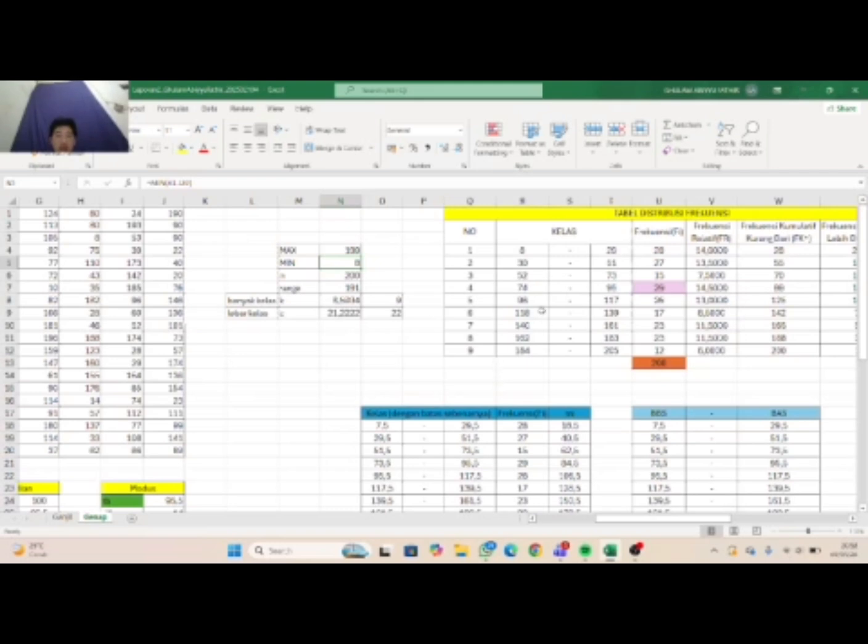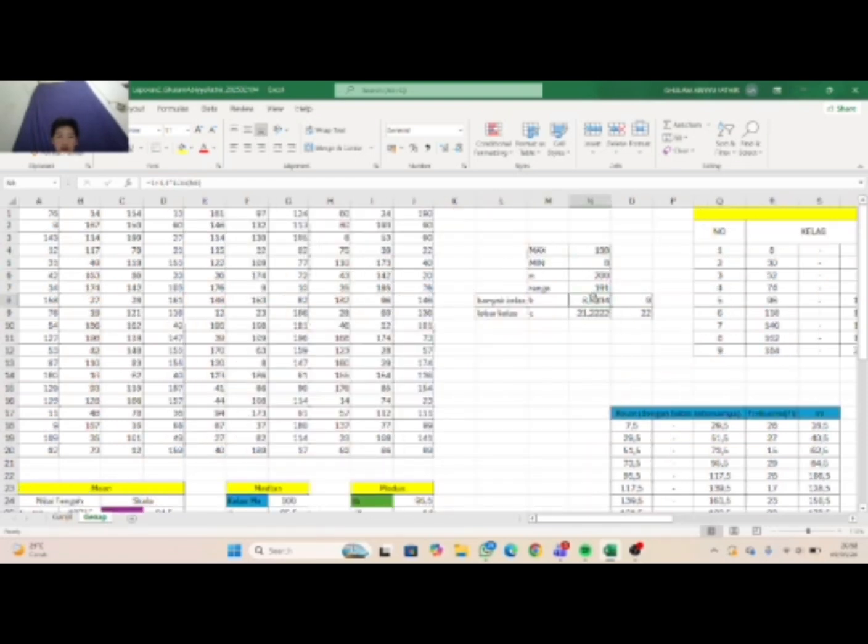Next, I determine the number of classes using 1 plus 3.3 times log of n.